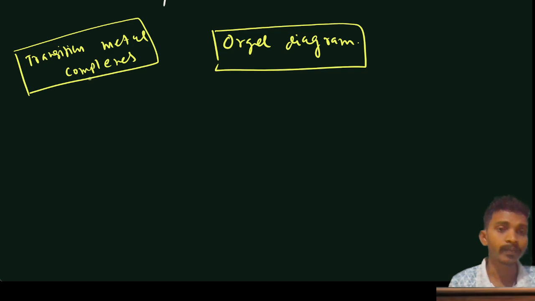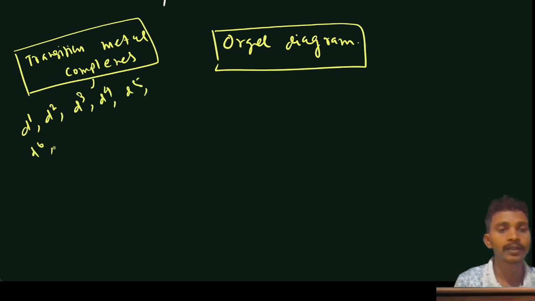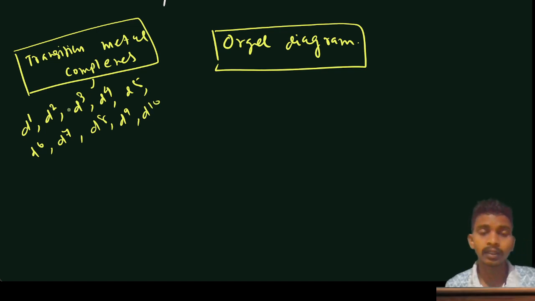These transition metal complexes use d orbitals, from d1, d2, d3, d4, d5, d6, d7, d8, d9 up to d10.